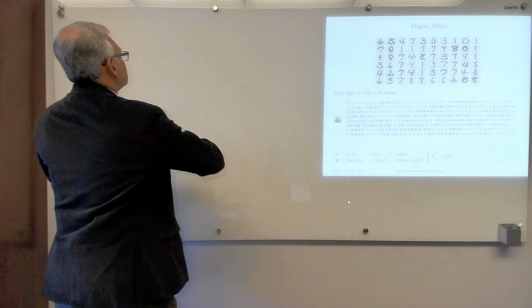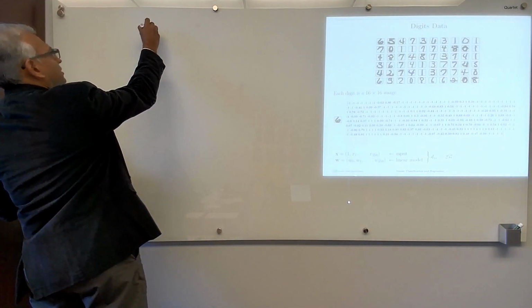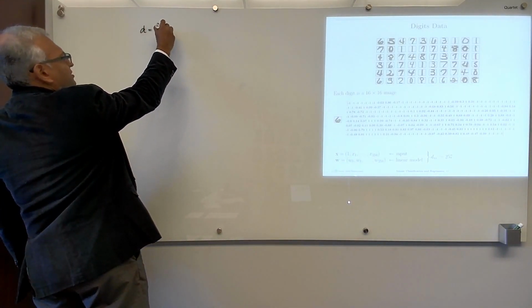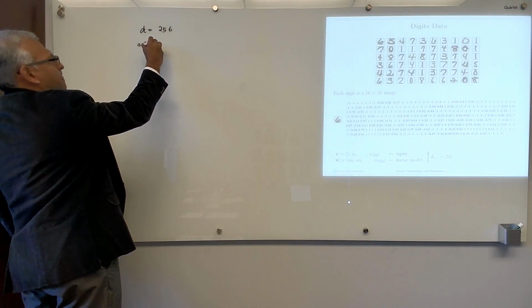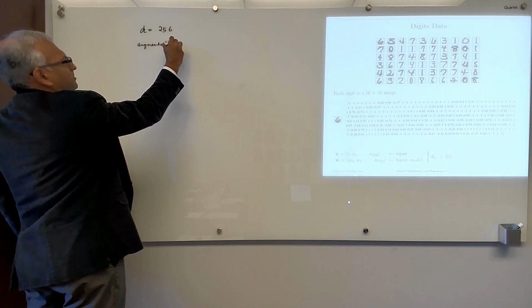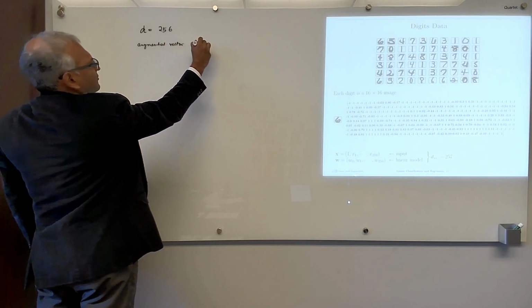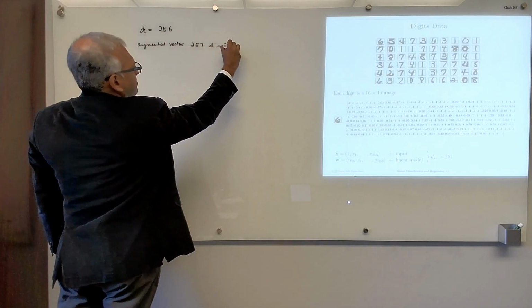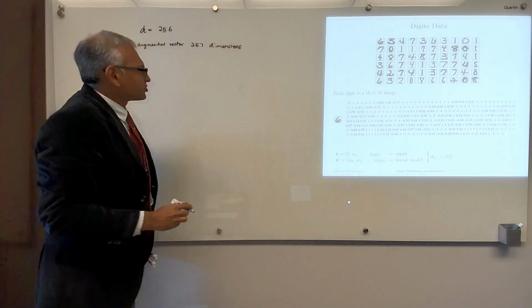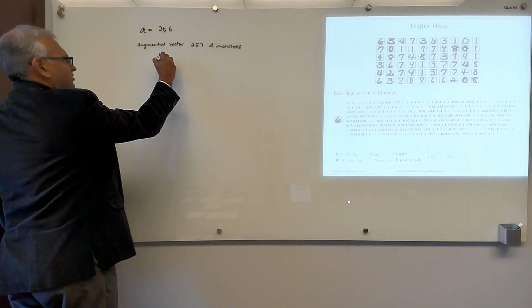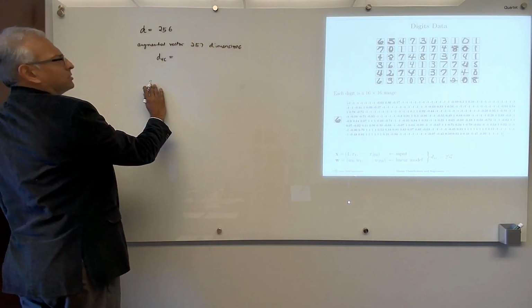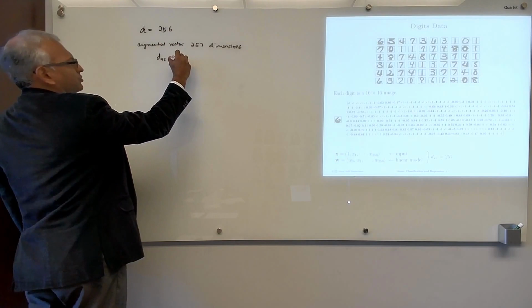The dimension d is equal to 256. Now the augmented vector has 257 dimensions. And so if you run a linear model with this input, the VC dimension, dVC, is equal to d plus 1, so 257.